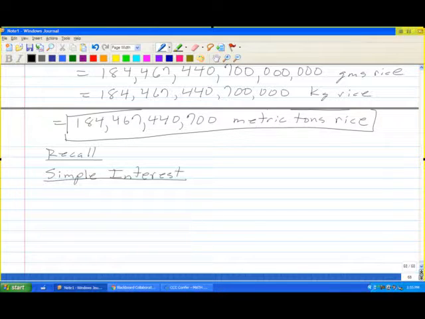So the amount of money you make over one period would be P times 1 plus R. Okay, so let's do an annuity, a simple annuity.